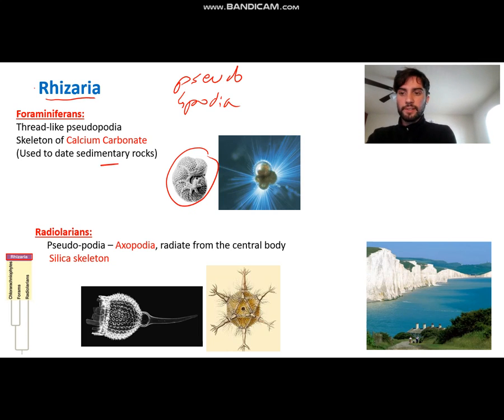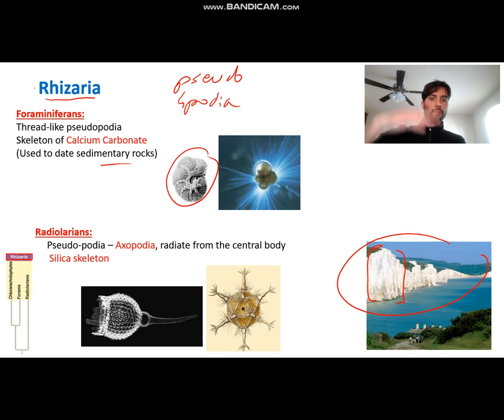And we find this on the coast of England at Seven Sisters Cliff. So all of this cliff is made of foraminiferans, and this cliff that you see here previously was at the bottom of the sea. So remember, these are marine organisms that sedimented, okay, and now are above ground by tectonics and all of the movement of plates.